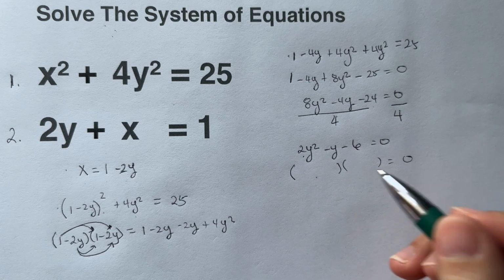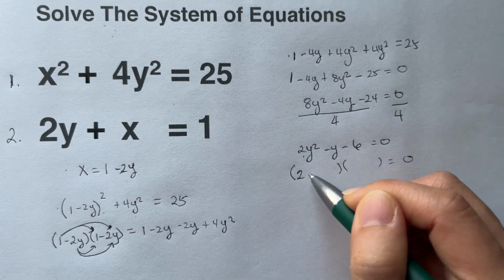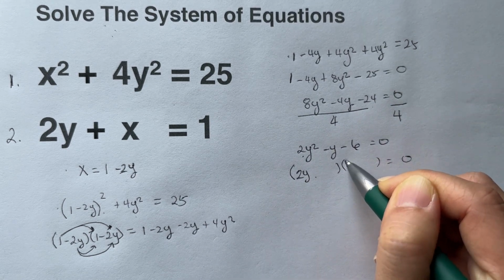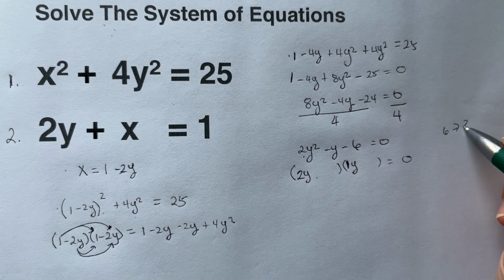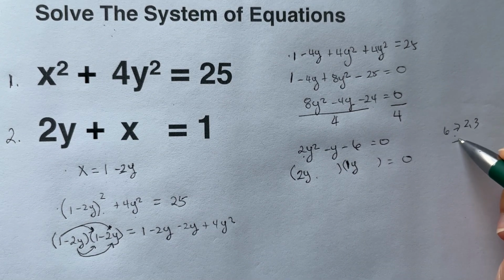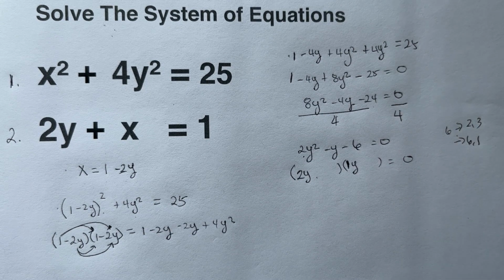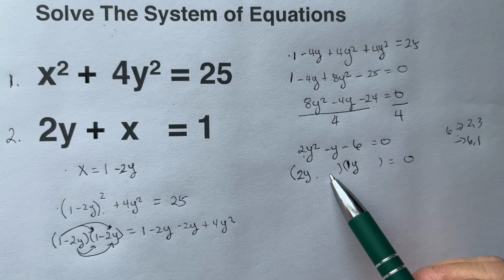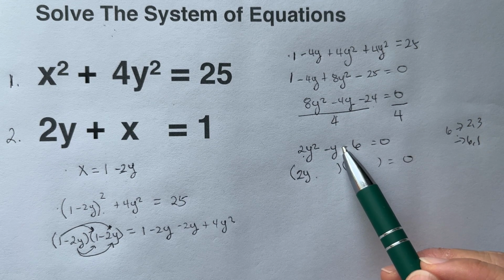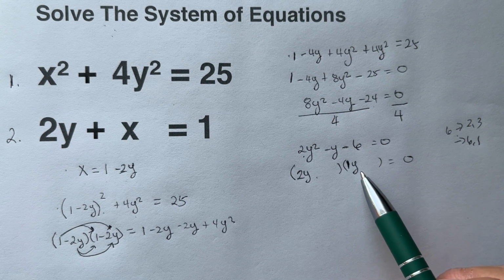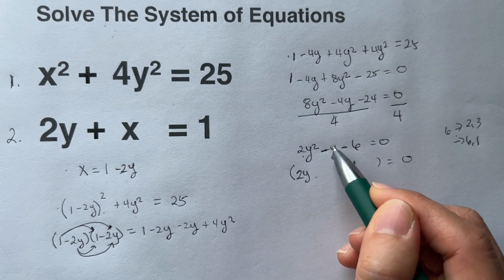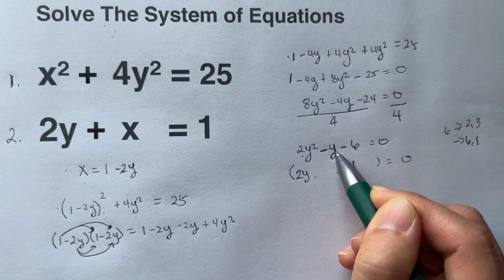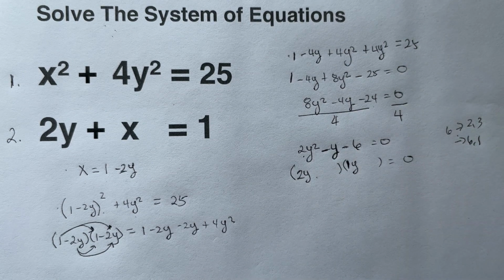The factors for 2 are just 2y and 1y. The factors for 6 are 2 and 3, or 6 and 1. And what we need is, since this is negative 6, we're going to have a plus and a minus, and for the negative y, the negative value will be the larger one.